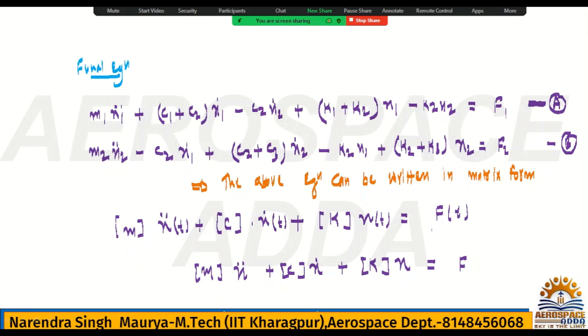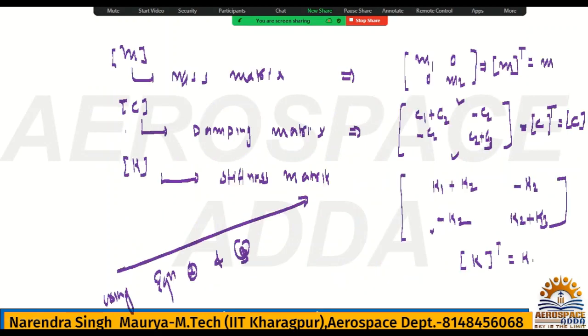Here they will give the numbers, m1, c1, c2, and so on, and you will get 2 equations. For those 2 equations you will design this matrix. So from this matrix, if they are asking for the equivalent mass, equivalent damping coefficient or equivalent stiffness matrix for the system, you can calculate, you know how to solve the matrix.